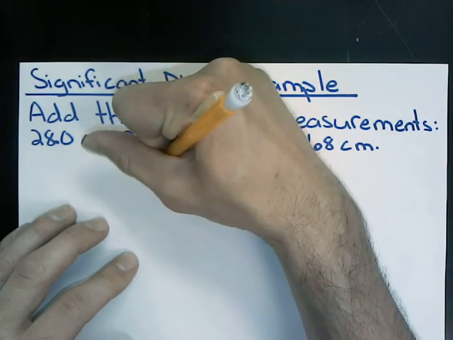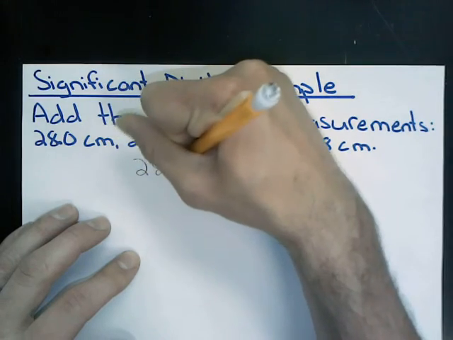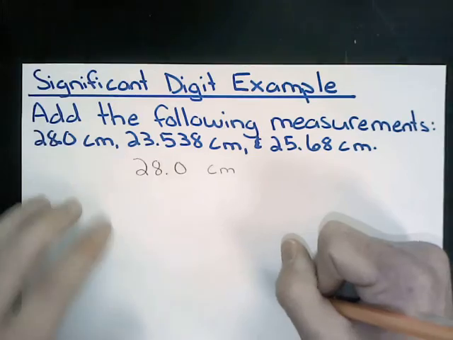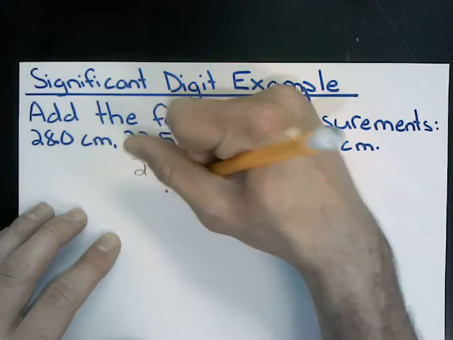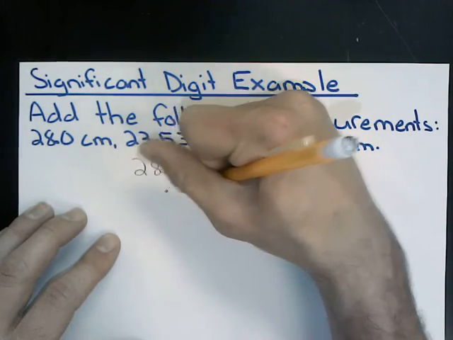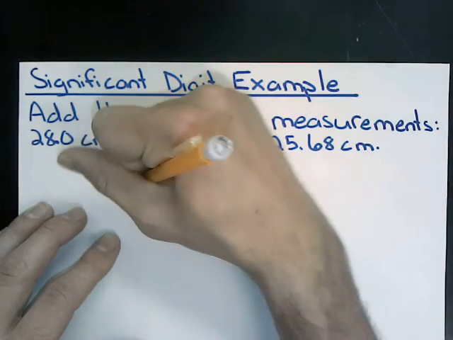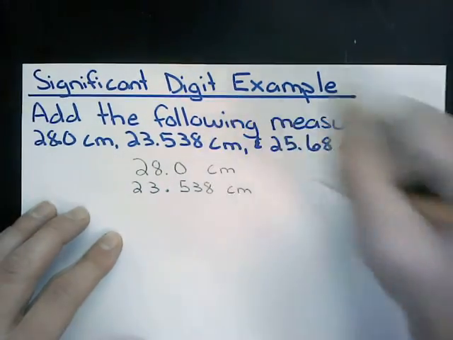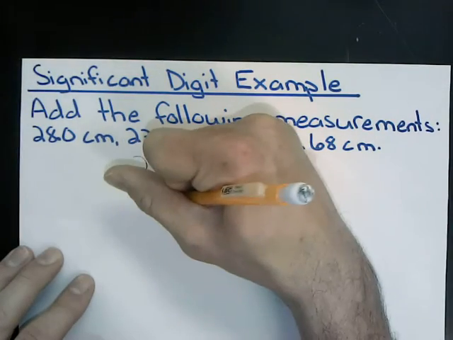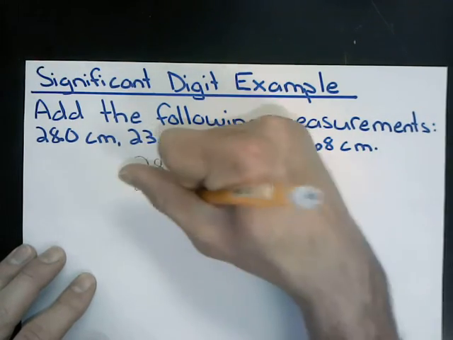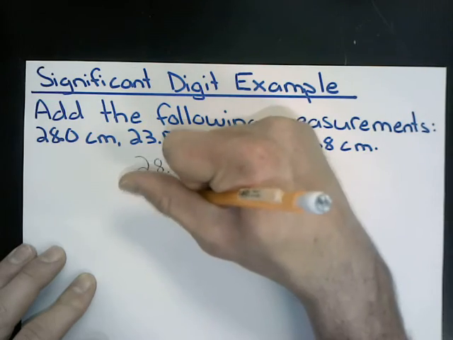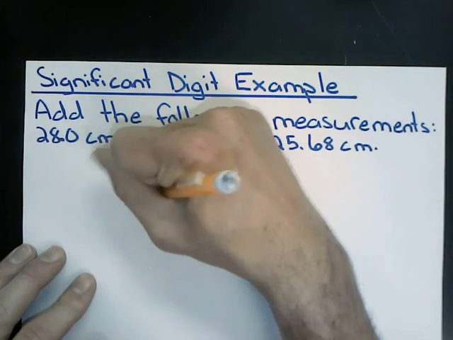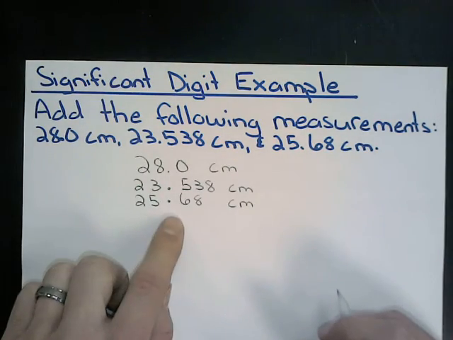So what we're going to do here is put 28.0 centimeters, and then the next number, we're going to line up on the decimal, and we're going to draw our decimal. So 0.538, 23 is out in front, and then our last number is 25.68. And so we would line it up as we have it written here.